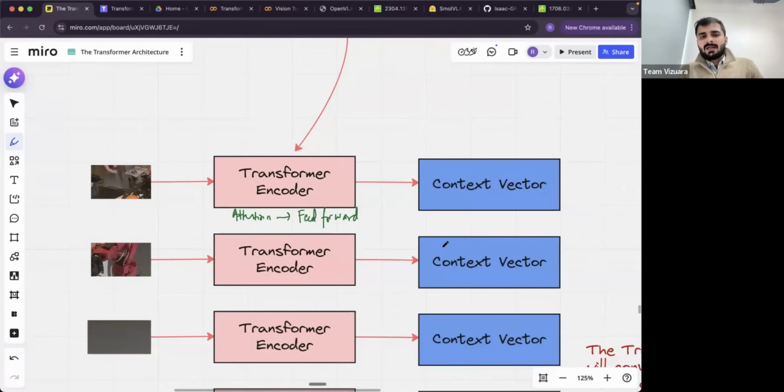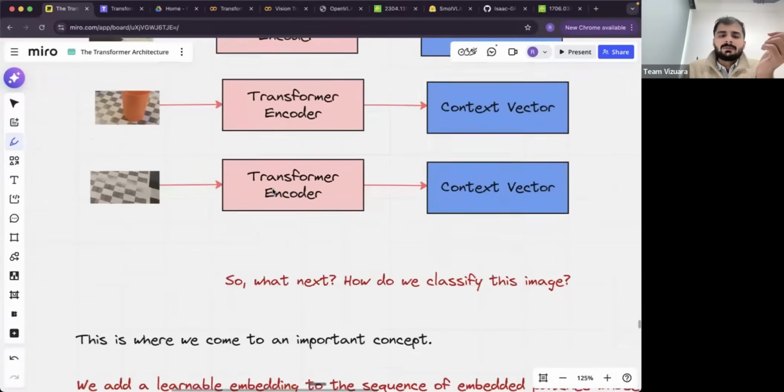What will be the size of the attention matrix here? Since we are doing self attention, every token here is attending to itself, and there are 9 tokens. So the size of the attention matrix will be 9 cross 9.